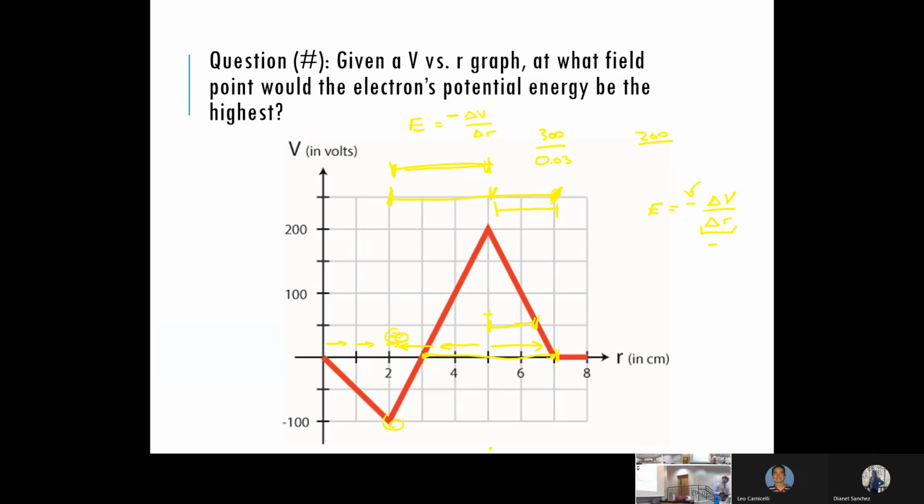You could think of a proton as being located here at maybe the 5 centimeter mark. That might kind of set up this behavior, at least a little bit.